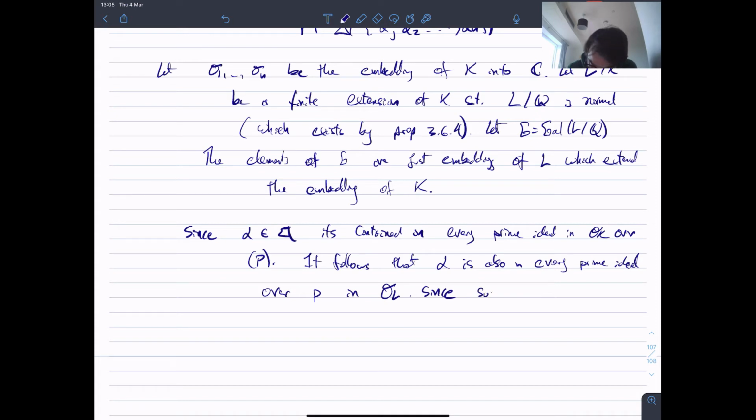Such a prime ideal, let me give it a name, say such a prime ideal beta L, contains the number P, and beta L intersected with OK is going to be some prime ideal, say PK, which is again a prime ideal containing P.